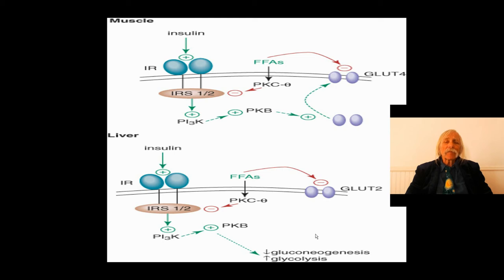And at the same time, it tanks gluconeogenesis. So that is what the liver is supposed to do with high circulating glucose, which is where the insulin secretion would have occurred from the beta cell of the pancreas.